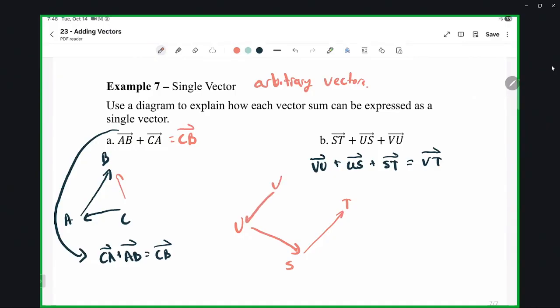The resultant vector must be the vector going from V to T. So this is going to be vector VT, which is what we were looking for. So the addition of these vectors is not too bad. We can label these diagrams, and here we showed algebraically why it works, as well as a diagram to help us with the results.